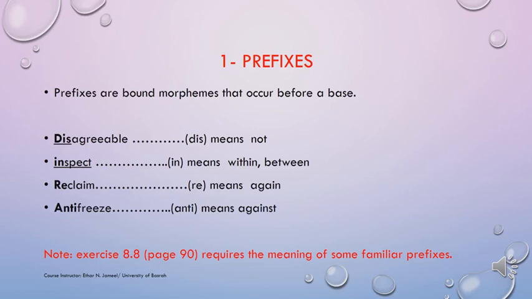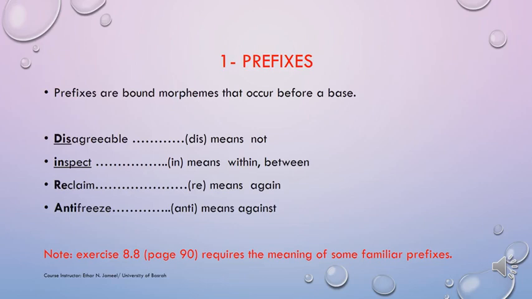Now we come to dis and able. Dis comes before the base, so it is a prefix. It is a bound morpheme. It is an affix. It is not a base. It doesn't carry the principal meaning of the word, so it is an affix.